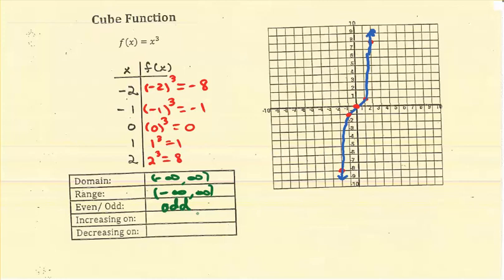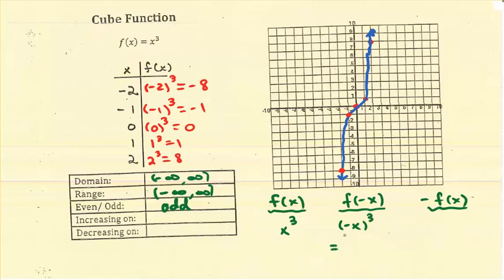Now, from the analytic standpoint, I'd like to compare 3 expressions: f of x, f of -x, and -f of x. Of course, f of x is just x cubed. f of -x requires us to plug -x into x cubed, giving us (-x) quantity cubed. Simplifying that gives us -x cubed.